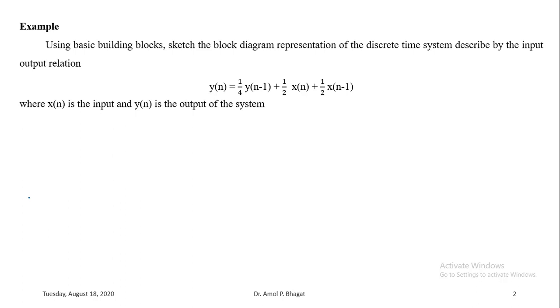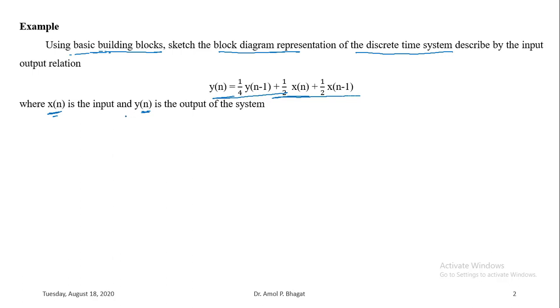So here the example is specified. Using the basic building blocks, you have to sketch the block diagram representation of the discrete time system which is described by the input output relation y of n is equal to 1 by 4 y of n minus 1 plus 1 by 2 x of n plus 1 by 2 x of n minus 1, where x of n is the input and y of n is the output.